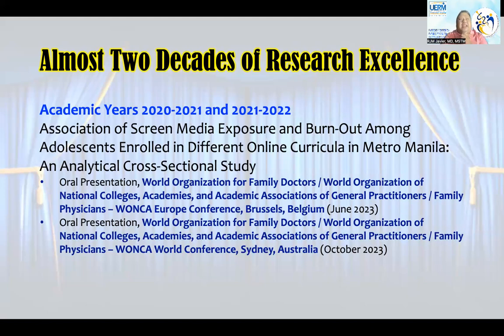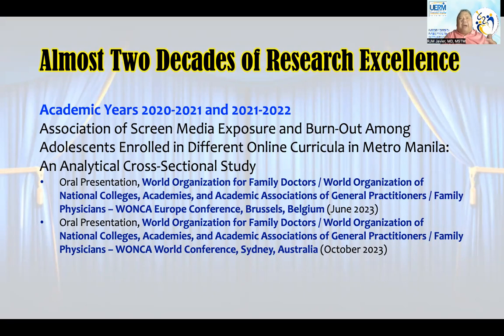The general idea is this: when we walk the talk, when we say we want to produce 5-star physicians, and we talk of research as an integral element of being a 5-star physician, we really mean that. And that is why if you feel your faculty members are being very difficult when it comes to research, it is simply because you have seen the quality of research that we have produced over the last 2 decades.